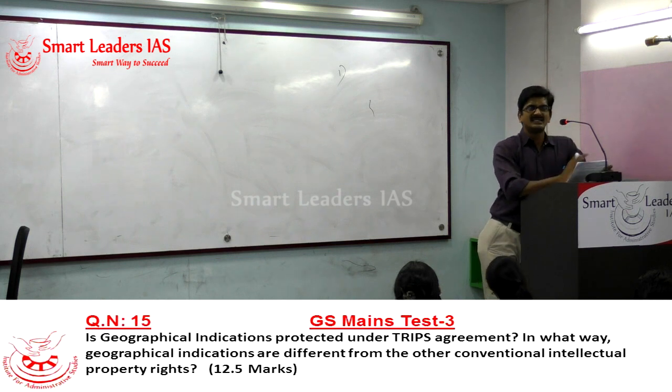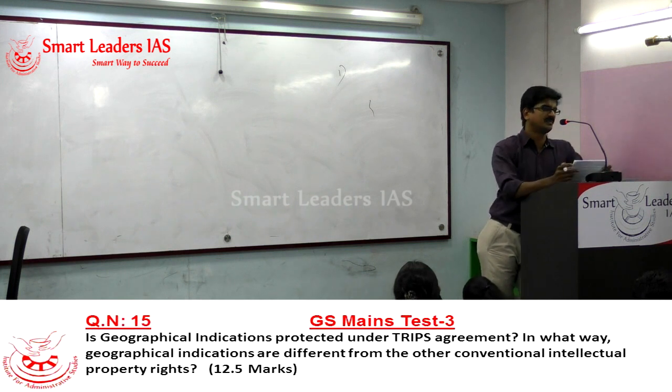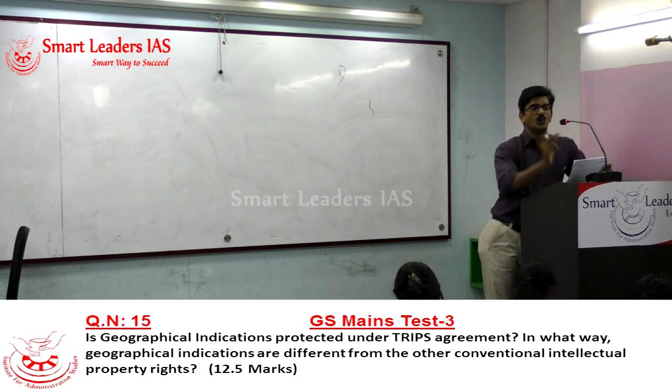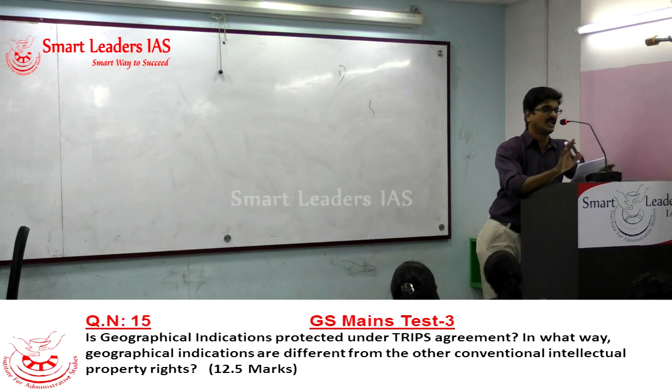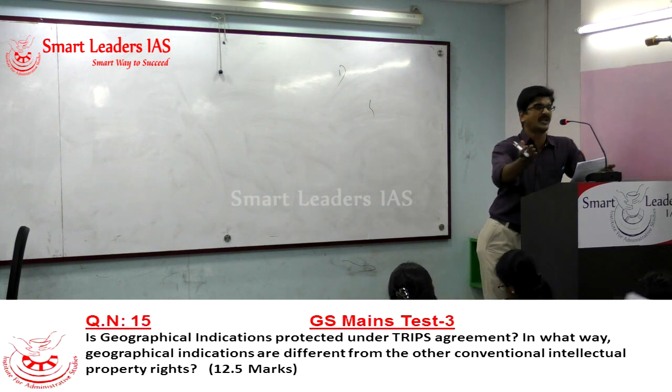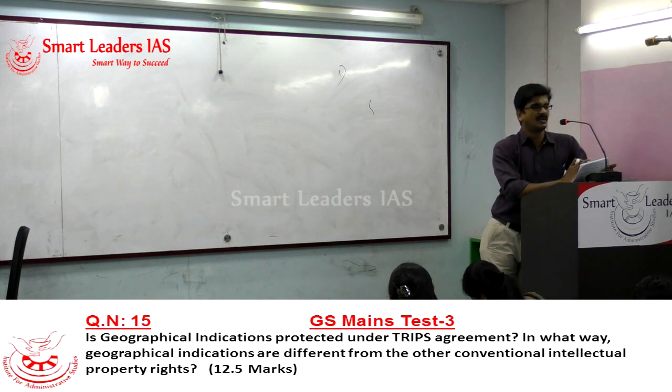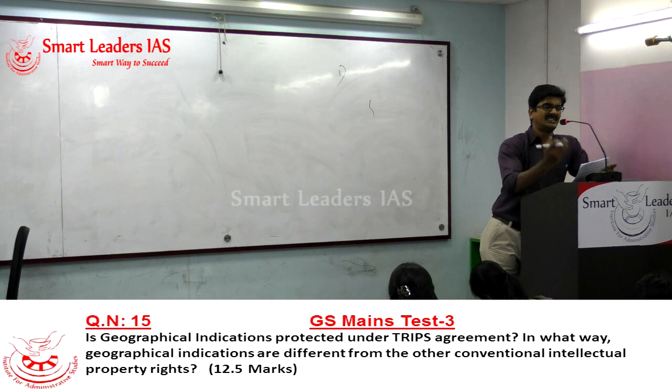But GI, geographical indication, is a collective right owned by the people of the region. That's one of the most important differences. It is a right owned by all who are living in Kanjipuram and making Kanjipuram silk. No one person can claim that this art belongs only to me. It's a social right, while other forms of IPR are monopolistic rights.